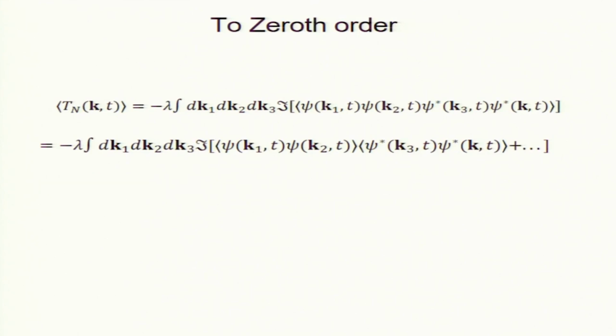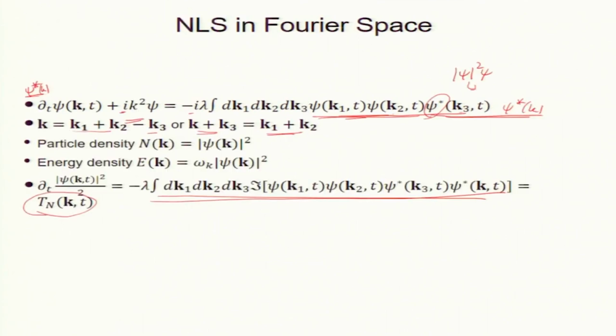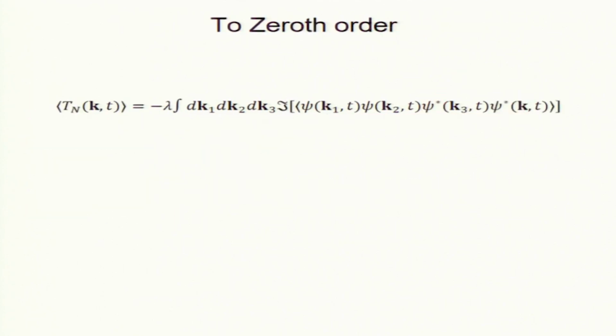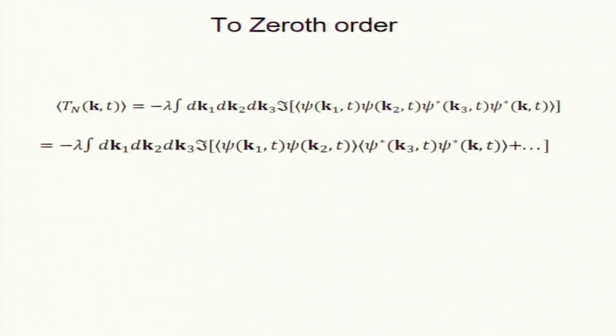This is the imaginary part, no? Because of this i sitting here, and when I add a complex conjugate, I will get a plus i. So, when I add, I get an imaginary part here. Okay. So, that imaginary part gives you something very interesting. So, if I do the 0th order, quartic function of 4 psi's will be a sum of products of 2 psi's.